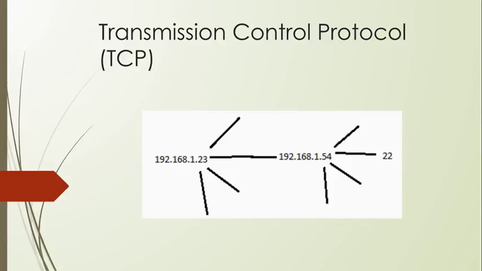On that data, there's a specified TCP port. An example here is port number 22. Once our computer receives the data, it immediately knows what application needs that data. So let's say this is the web browser. The computer then sends the data to our web browser.